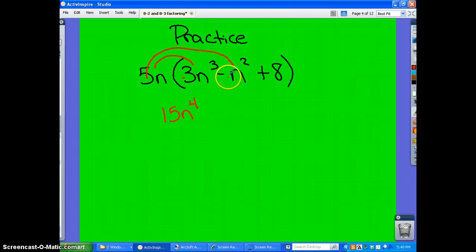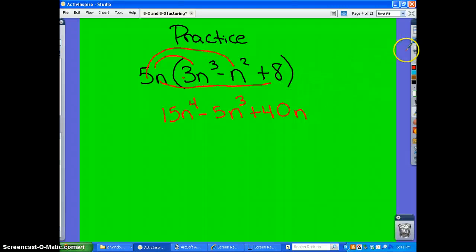So 5 times negative 1 is going to be minus 5n, and you have 2 plus the 1, 3. Then the last thing, 5n times 8, you have plus 40n. If that's what you come up with, then you're just going to keep rolling. If not, then we need to go back through this and re-show this problem.